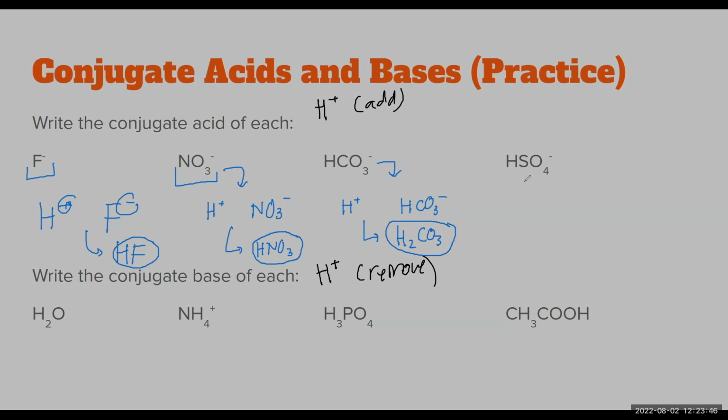Finally, we have HSO4-. What I can do here is add one other hydrogen, H+, to it. So I can do H+ and HSO4-. If I combine them together, I would get H2SO4, and that's going to be the conjugate acid.